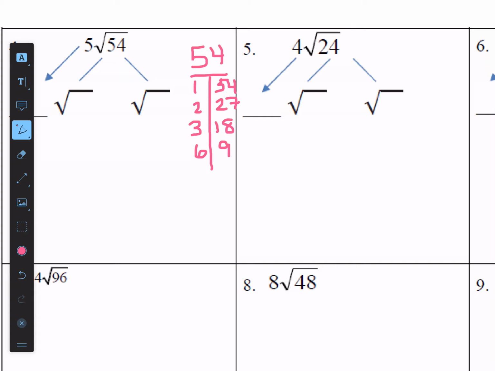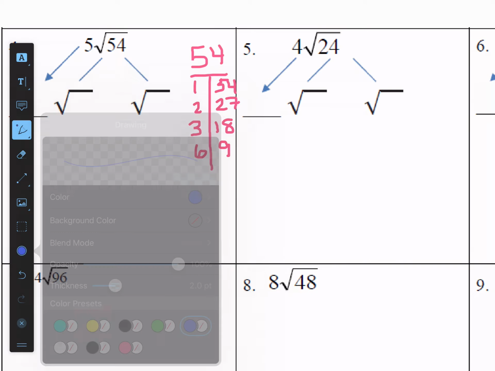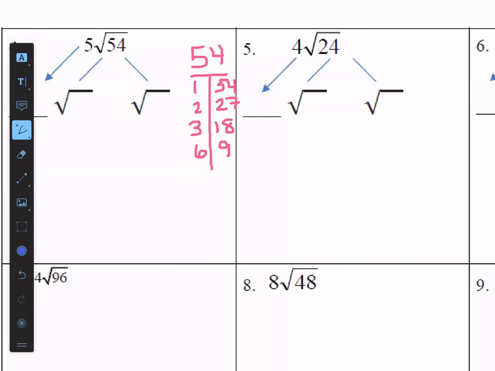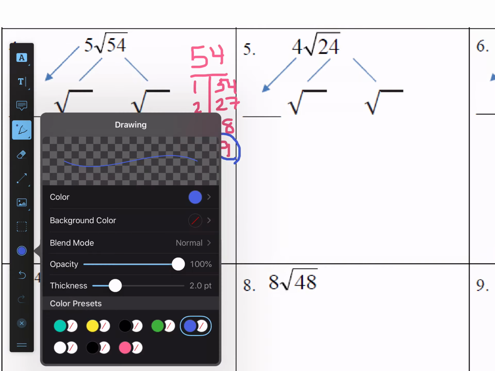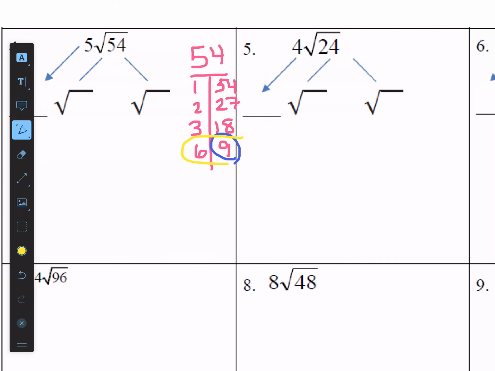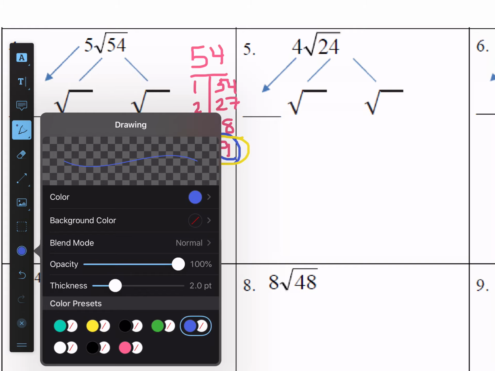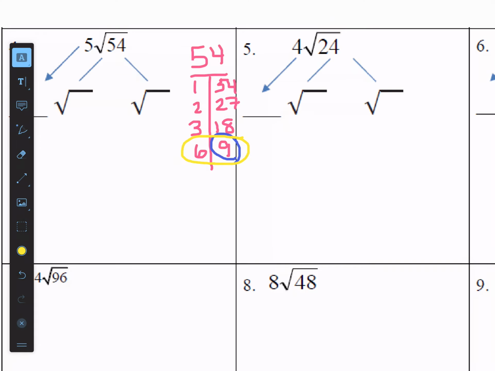Okay, so I'm looking at my list for perfect squares, and we've got one right here. We've got 9. So that means that the pair of numbers that we are using is 9 and 6.